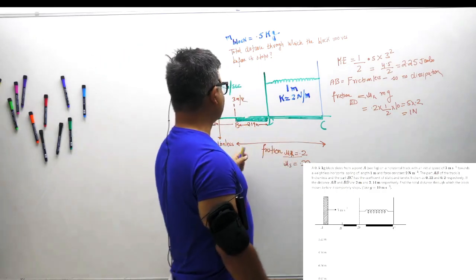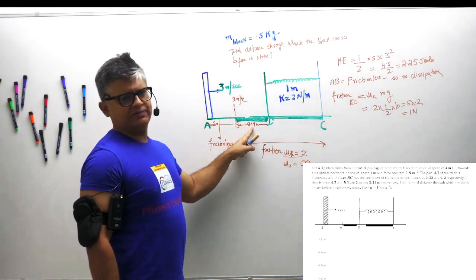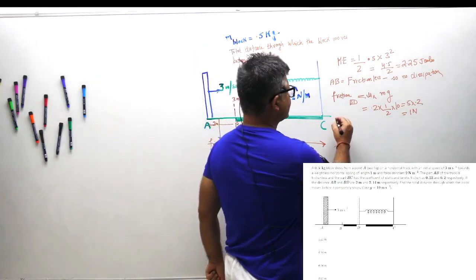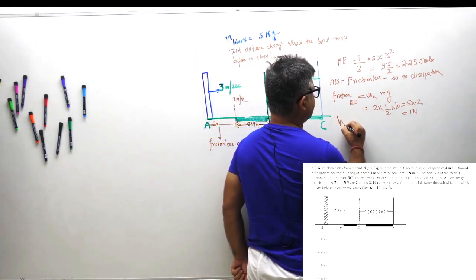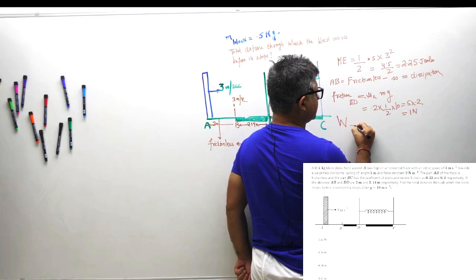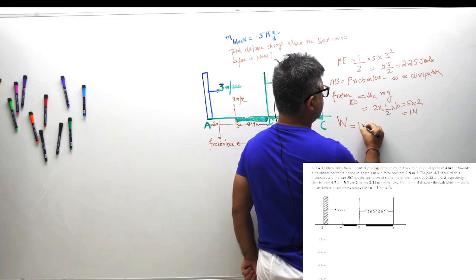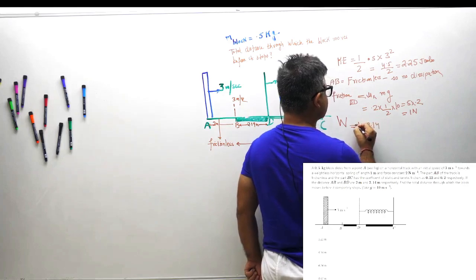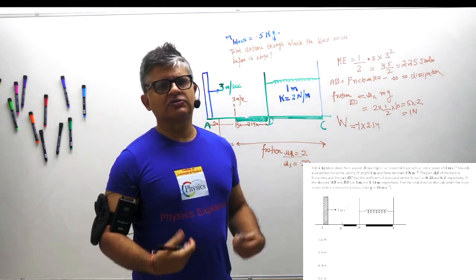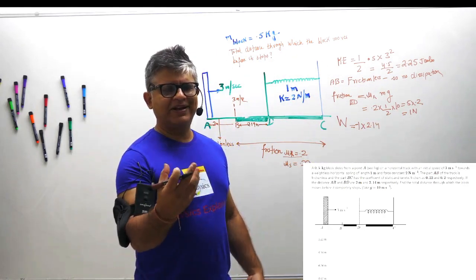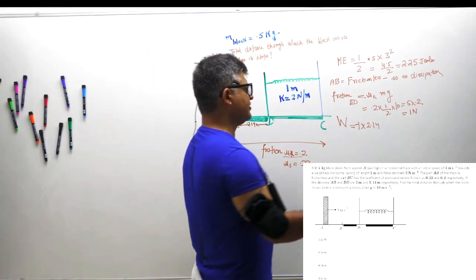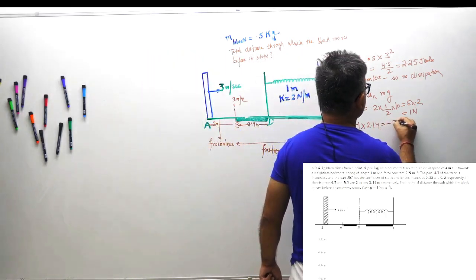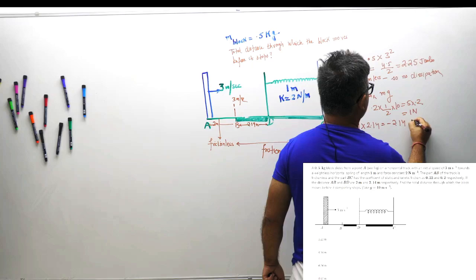Now, when you move a distance of 2.14, what is the loss against the friction? The work done against friction is 1 into 2.14, which is negative because it's non-conservative. The friction is reducing your kinetic energy. So this is minus 2.14 joules.